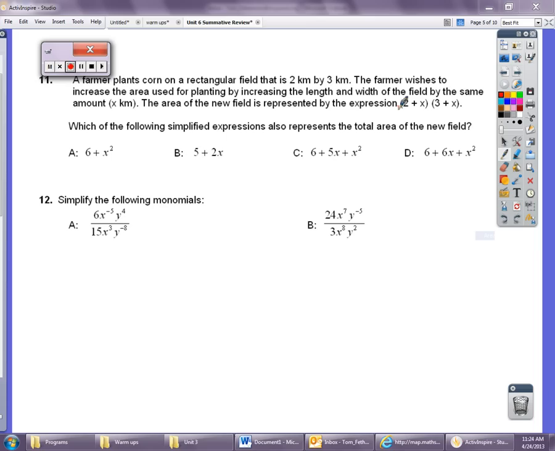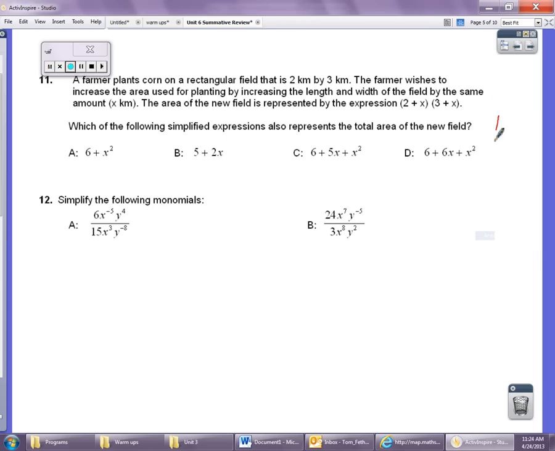Well, what it's asking us is just to multiply these out. So if I want to use the box method here, I have 2 and x, 3 and x. 2 times 3 is 6, 3 times x is 3x, x times 2 is 2x, x times x is x squared.